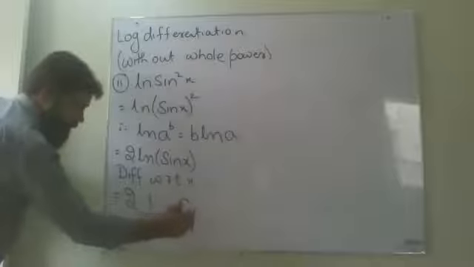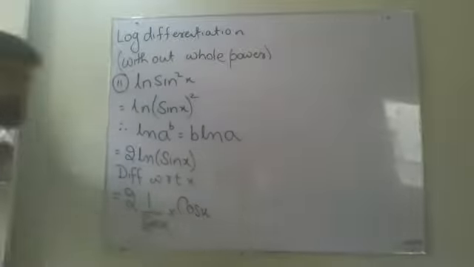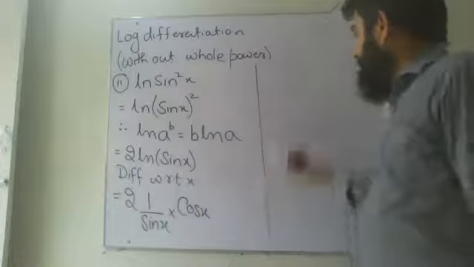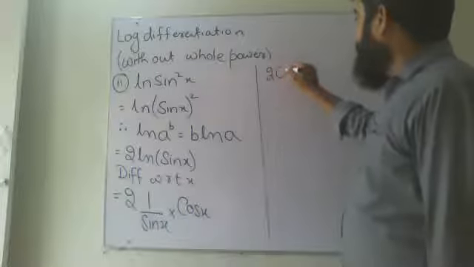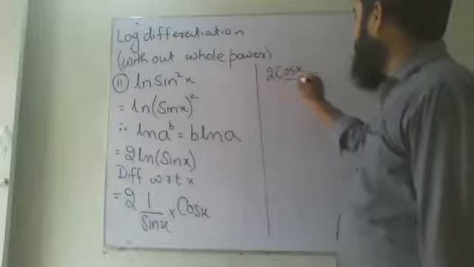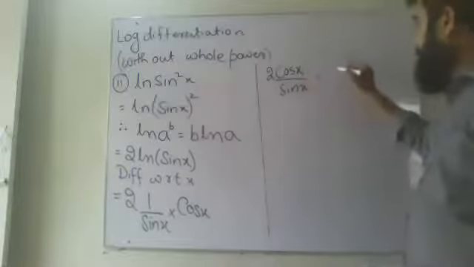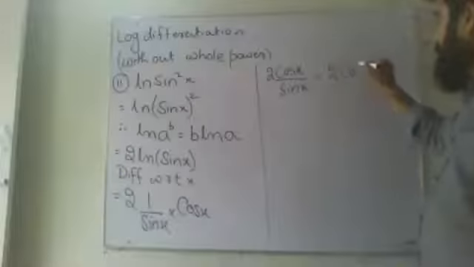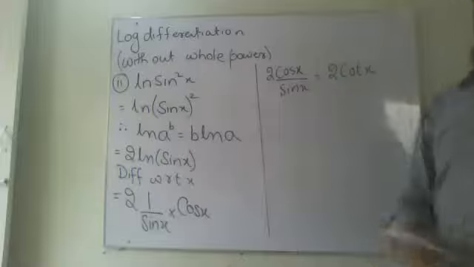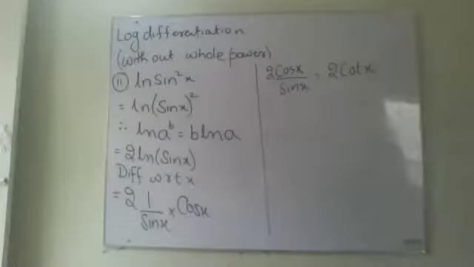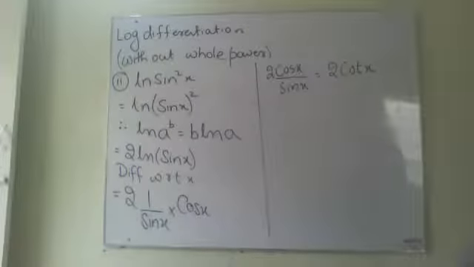Then the differential of sin x will be cos x. When I'm simplifying it, it will become 2 cos x over sin x, and this will become 2 cot x. Same question, same type.